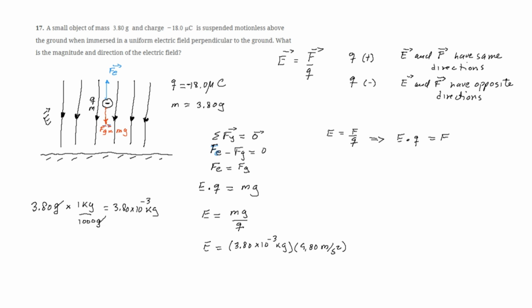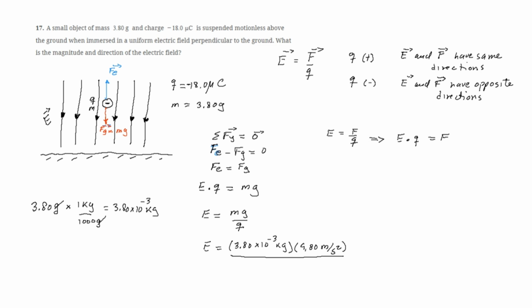divided by Q, that is negative 18 microcoulombs. But the negative, just let me make analysis of the directions of the electric force. So I will just take the absolute value of the charge of the particle, which is 18.0 microcoulombs.